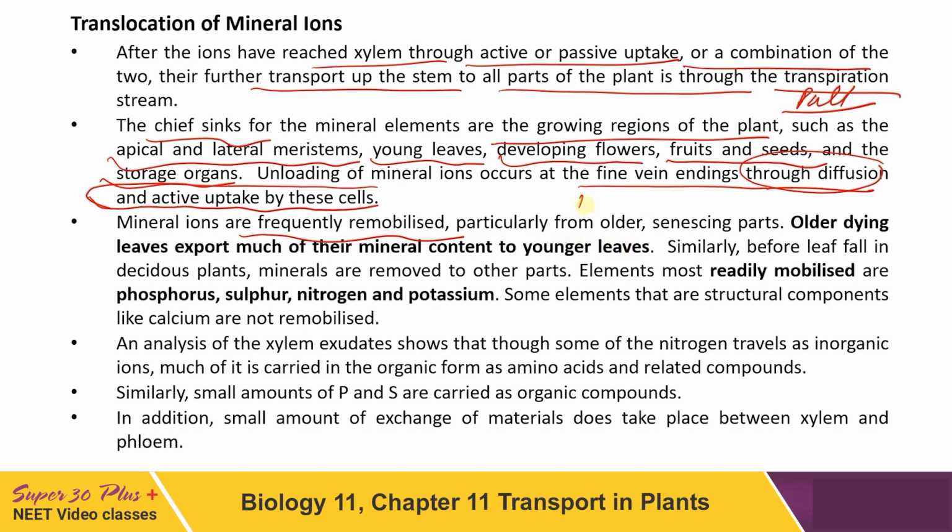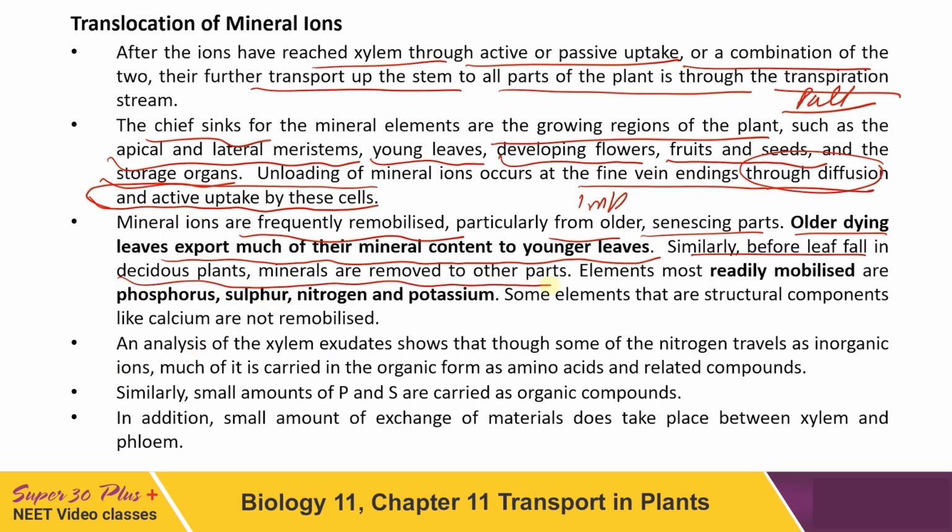Minerals are frequently remobilized. A very important point: older parts or senescing parts, older or dying leaves, export much of their mineral content to the younger leaves. Before leaf fall, these minerals will be transported to the young leaves.